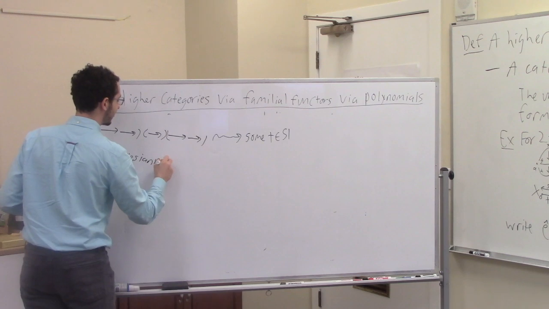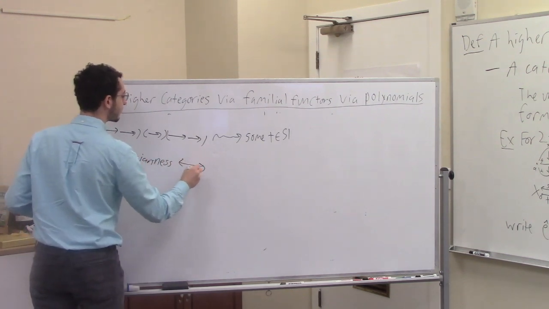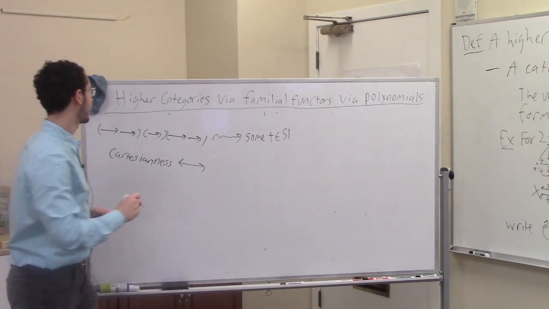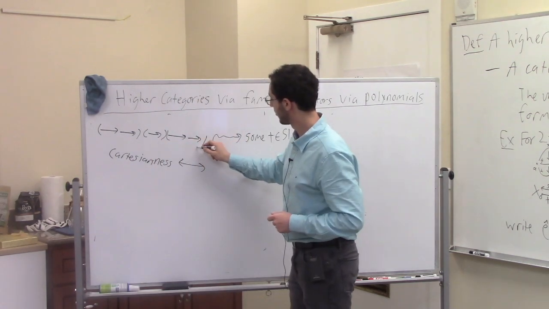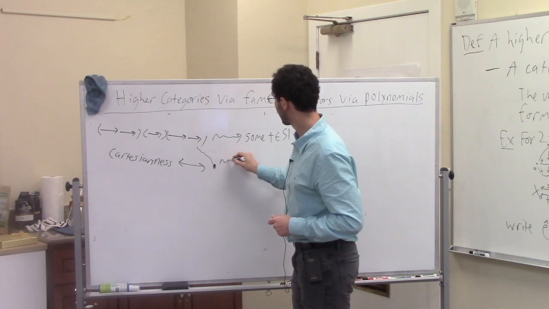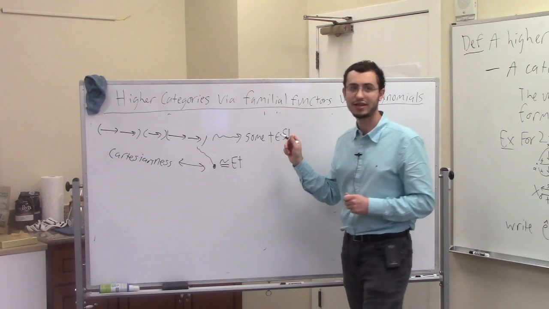Cartesianness imposes the property that this thing has to be isomorphic to the arity of that t.